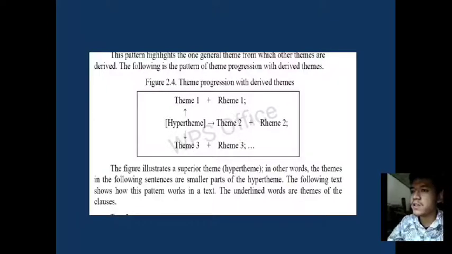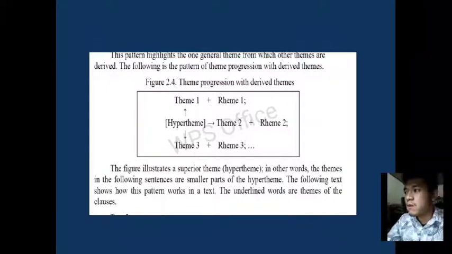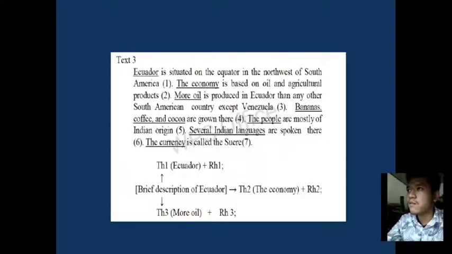Let's see this text. For the example, I underline the theme of each clause to make it easy. Now, from theme 1, we can know that the hyper theme of this text is the brief description of Ecuador. So it talks about anything about Ecuador.